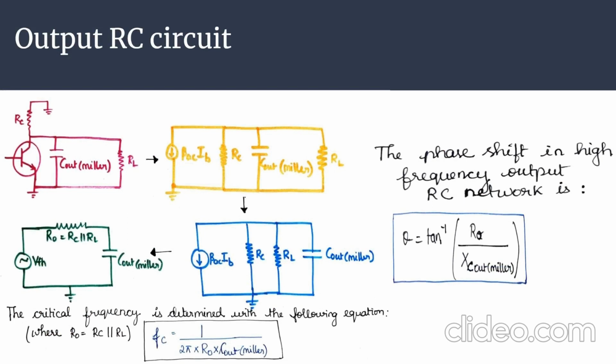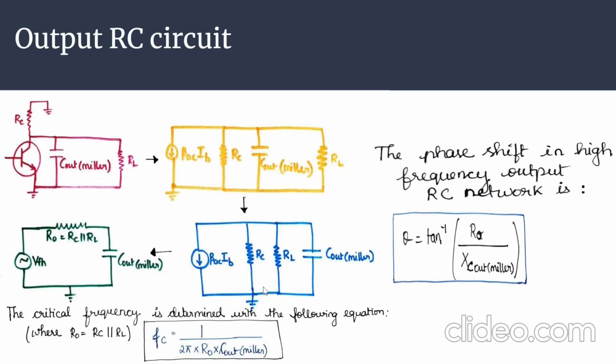In this diagram, we can see how the output circuit is simplified and analyzed further to find the output critical frequency for this RC circuit. Here the RC is combined with RL as a parallel combination. Beta AC into IB is again obtained from the replacement of the transistor with its approximate hybrid model.